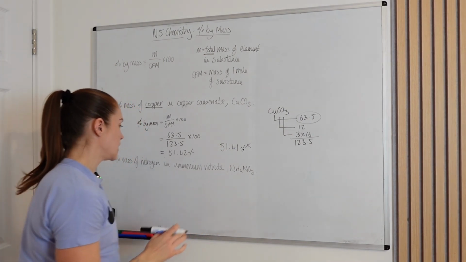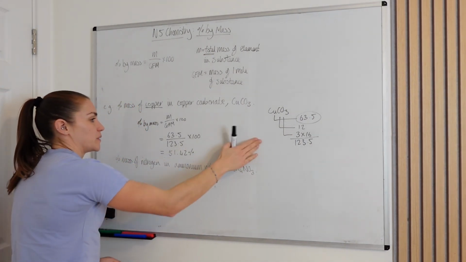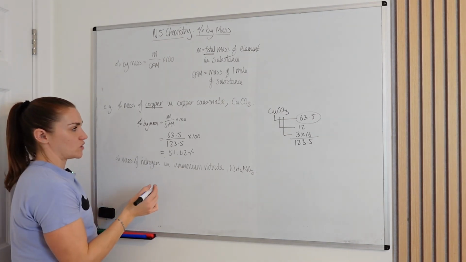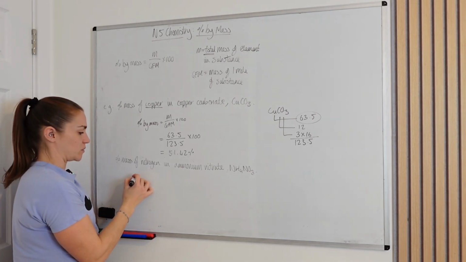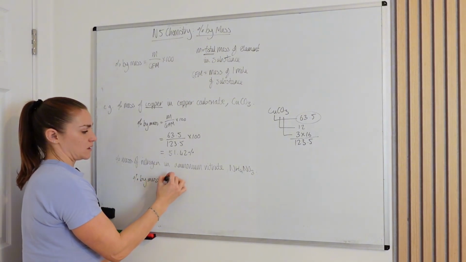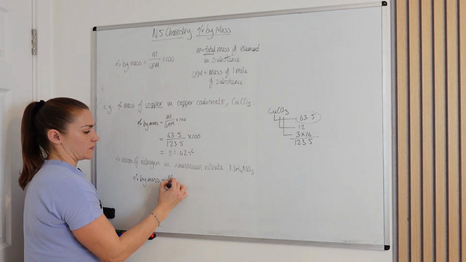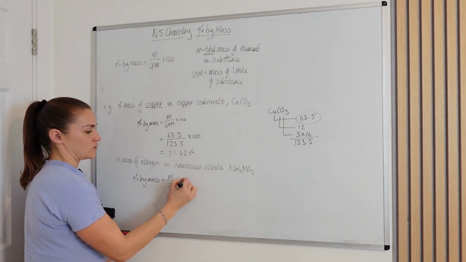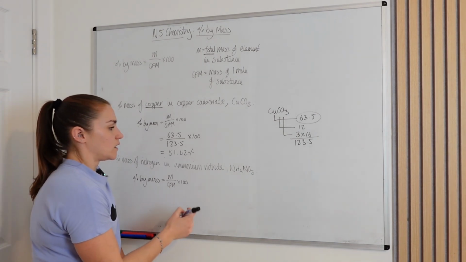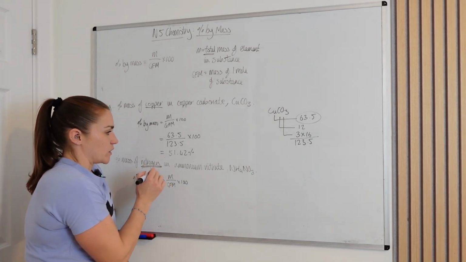Okay? So then our next example, we're looking to work out the percent mass of nitrogen in ammonium nitrate. So again, we're asked to calculate the percent by mass. So we need the percent by mass equation, m over GFM times 100. You don't need to memorize it because it is at the front of the data booklet. Nitrogen is the element we're interested in.